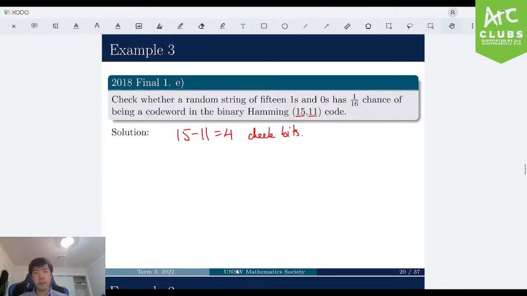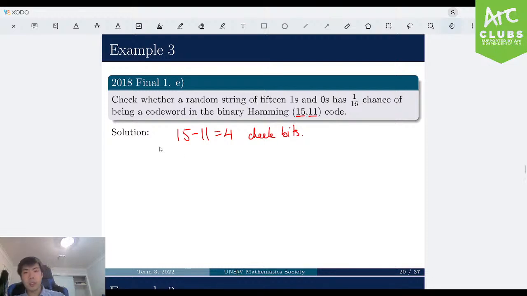So going back to here, in our string of 15 ones and zeros, for 11 of those positions, we don't care what they are, right? For those 11 information bit positions, we don't care what they are. They can be anything, right? The only positions that we care about are those 4 check bit positions, right?